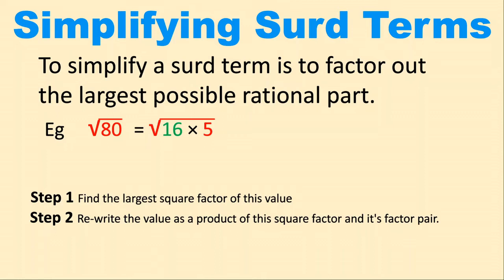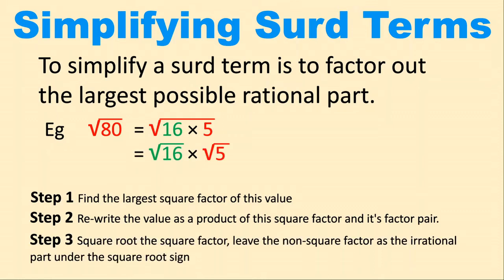So if I'm trying to square root 80, and I know I can't because it's not a square number, I can break it down into two numbers, and one of those numbers I know that I can square root. Step 3 is to square root the square factor, leaving the non-square factor under the square root sign. So that's going to be our irrational part. The square root of 16, which we know is a square number, is 4.